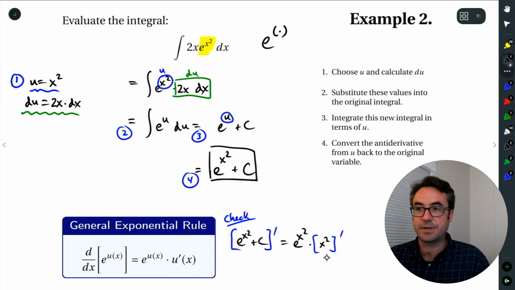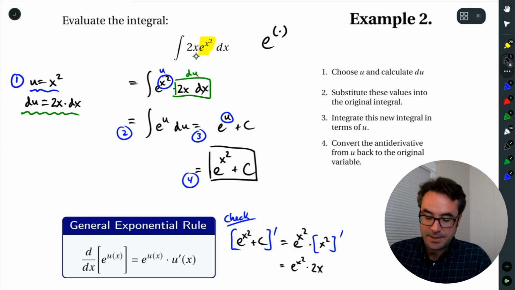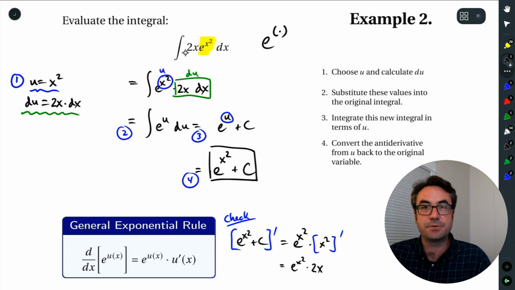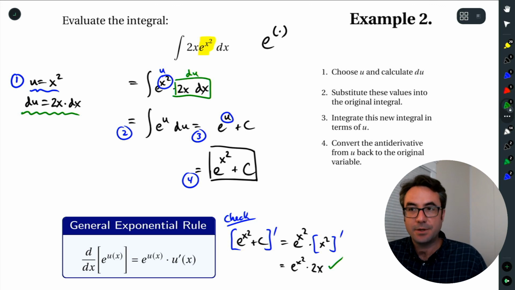So derivative of x squared, and derivative of x squared is 2x. And if we look, we have e to the x squared times 2x, and that's precisely the function we started with, 2x times e to the x squared. Check. So that's showing that we did it correctly.